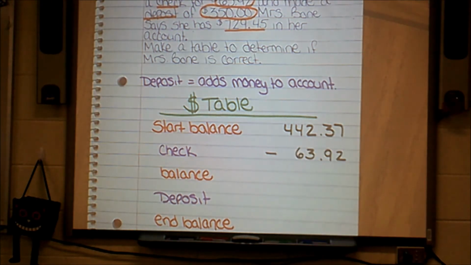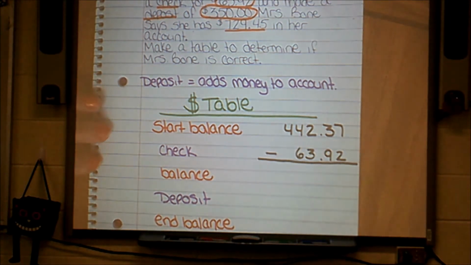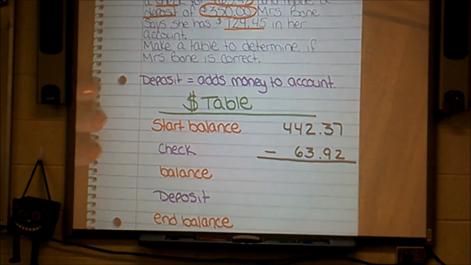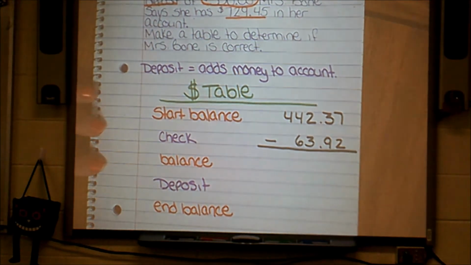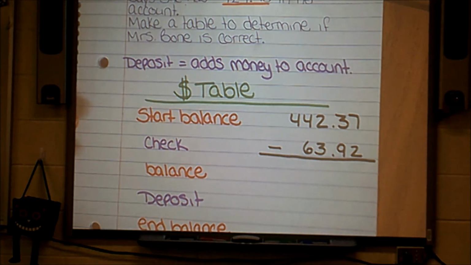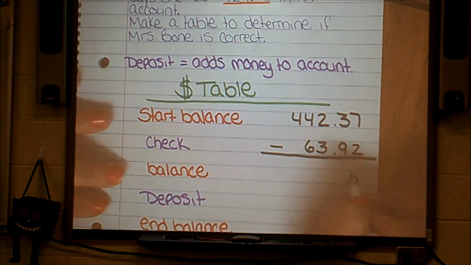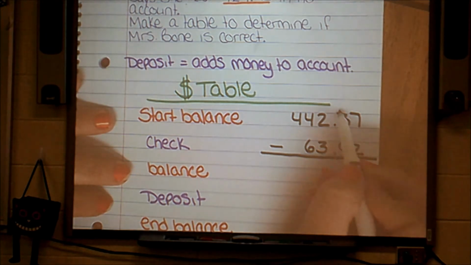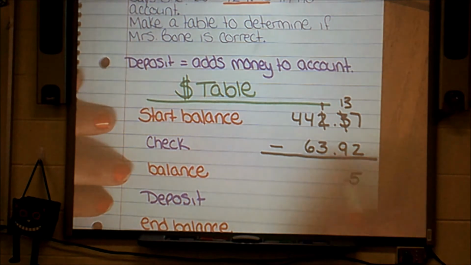So from that, I need to find my new balance. I hope you guys like this because this is exactly what we're going to be doing at Enterprise Village, writing checks and keeping a table to keep balance to know how much money we have in our bank accounts. So we're going to subtract $63.92 from $442.37, because we're going to write that check. We're going to take that away. 7 minus 2 is 5. 3 minus 9, can't do that, so I'm going to regroup. 13 minus 9 is 4.